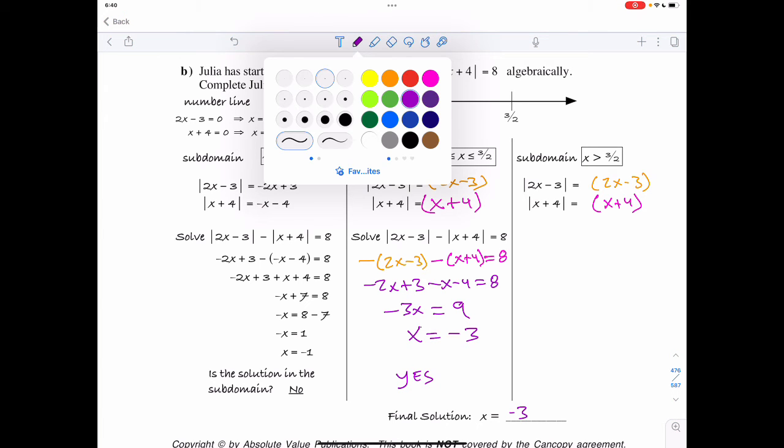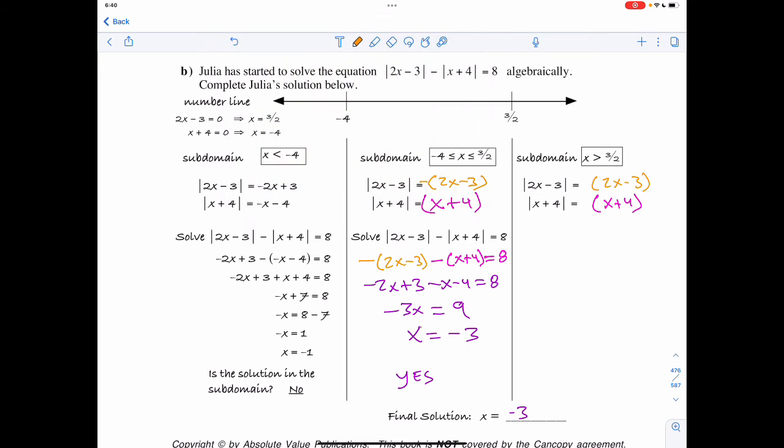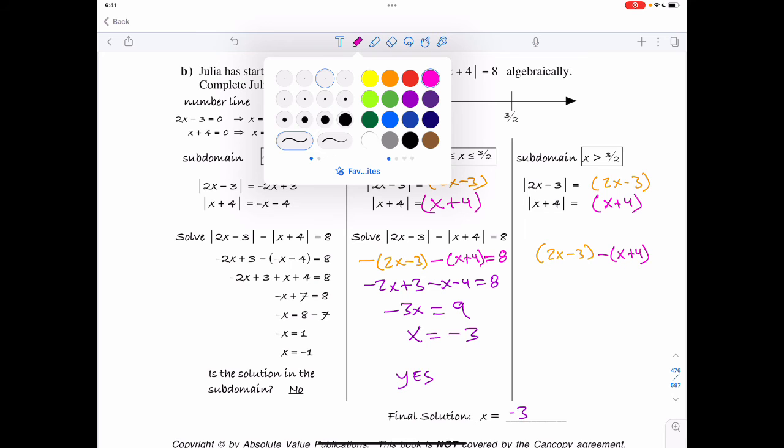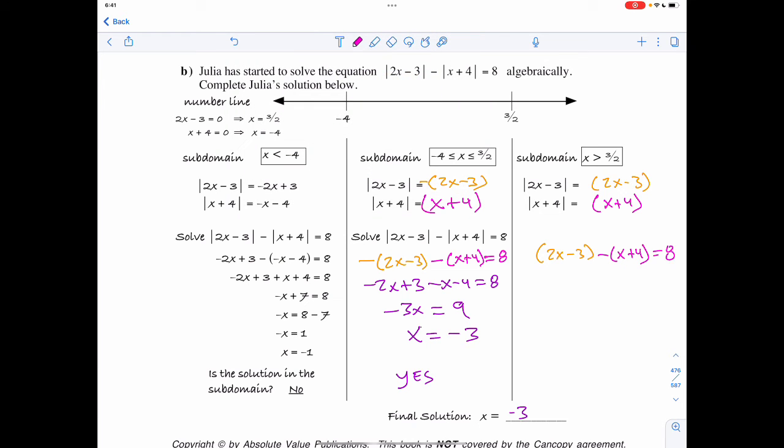When I get to the last domain, they're both positive. So now I'm going to have positive 2x minus 3 minus the positive x plus 4. And that's going to equal 8.